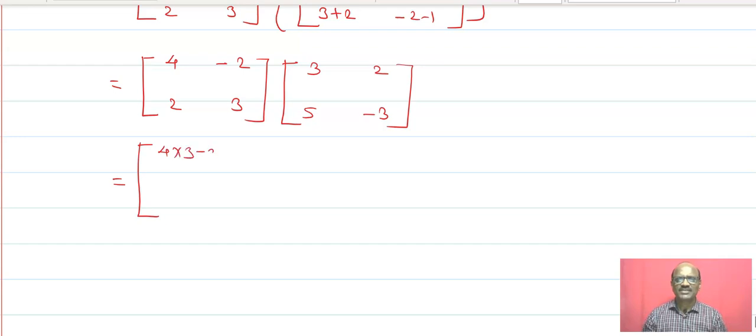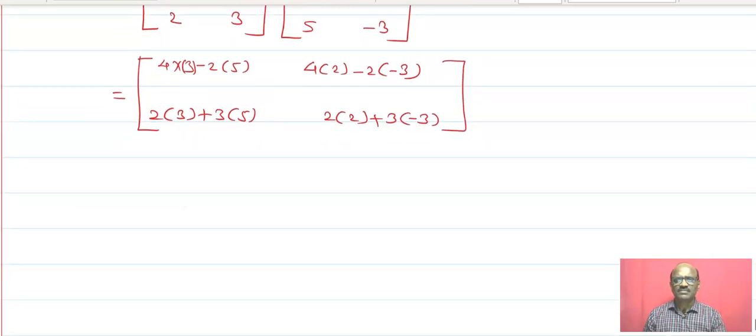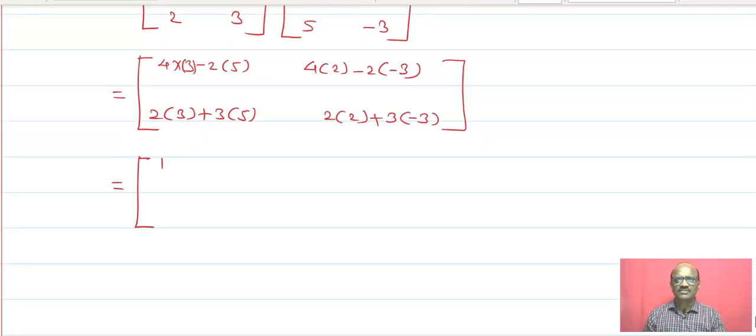Now the multiplication is there. Two by two matrix, first row, first column, and last is second row, second column. Now their multiplication.